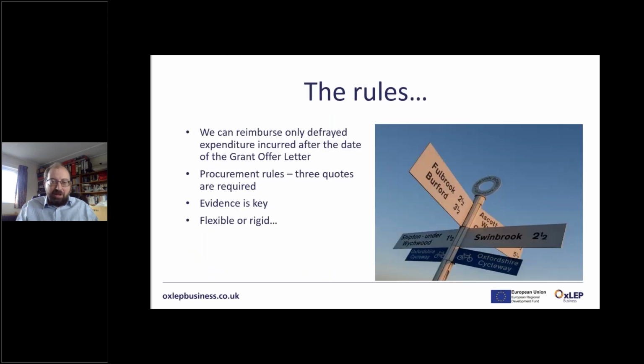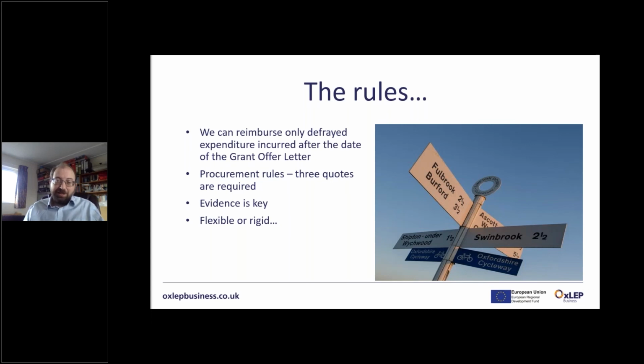Thanks. So the specific rules on funding: we can only reimburse defrayed expenditure incurred after the date of the grant offer letter. Okay, so when you apply for a grant, do not start spending money until you know from us that it will be eligible to be claimed. If you spend all of your money before we give you a grant offer letter, then the grant offer letter's eligible expenditure date is going to mean that that spend is not eligible.